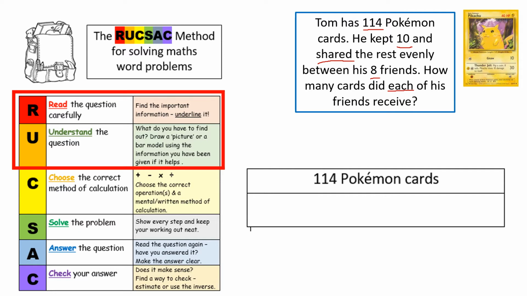I also know that he kept 10 of them. I need to work out how many each of his 8 friends got. So I'm going to draw in 8 sections and I need to work out what the value is of each of those 8 parts.